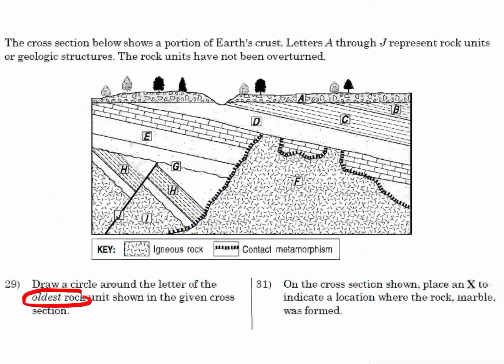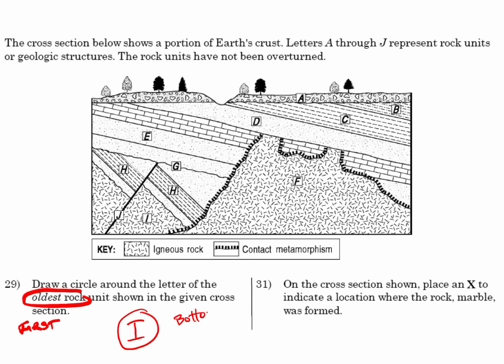So remember, oldest means that it came first, okay? The oldest kid in your family is the kid that was born first. So if you look at this entire thing, I would say that the oldest thing, the thing that happened first, was I. My reasoning is that it's the one all the way on the bottom.